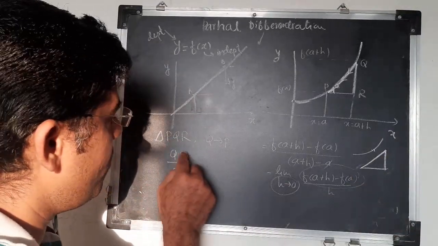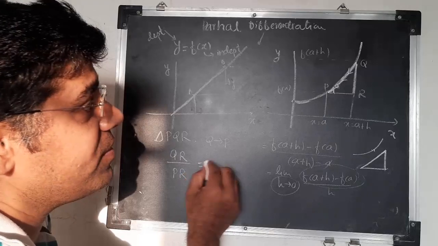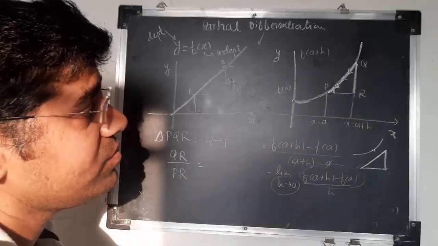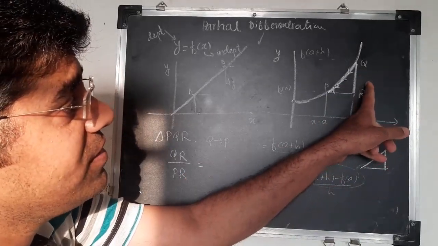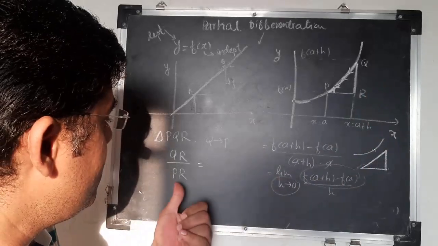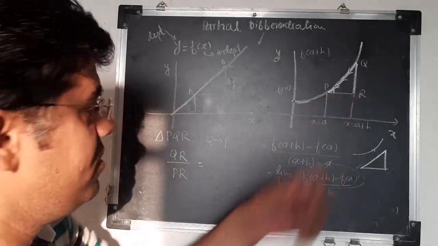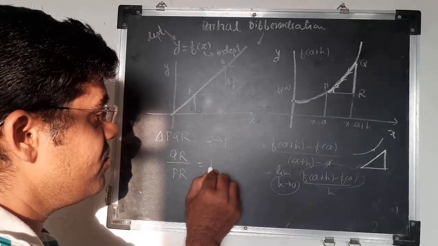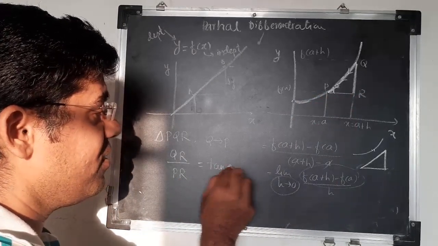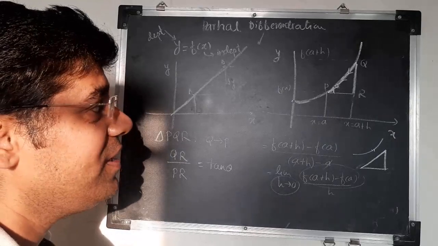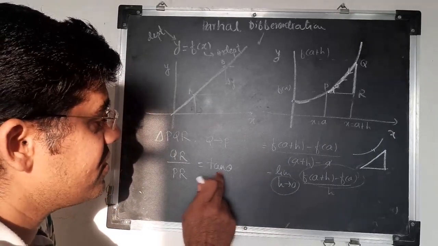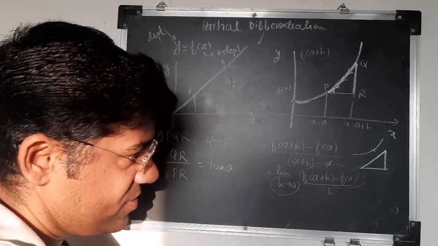QR depicts the opposite side divided by PR. So this is nothing but tan of theta. That's why the word tangent has come.